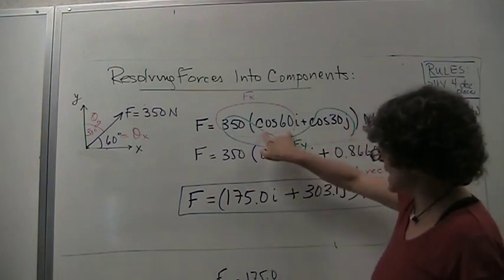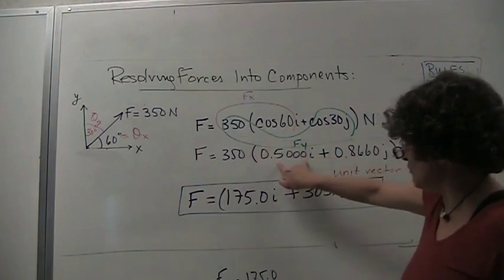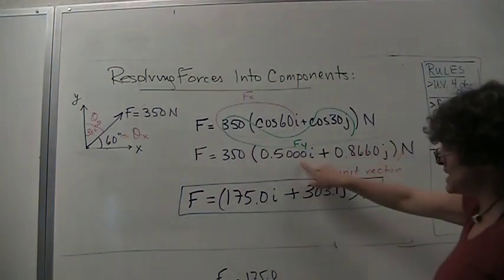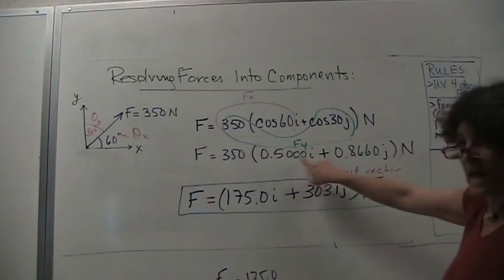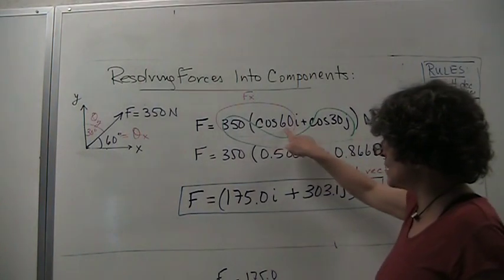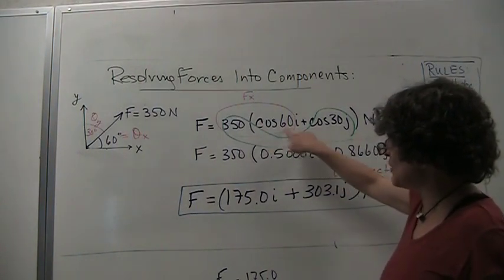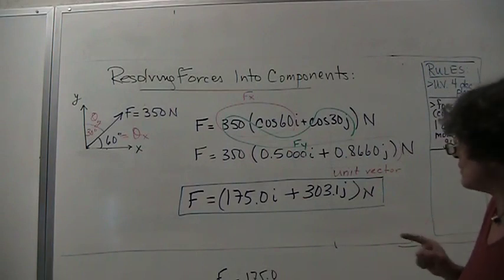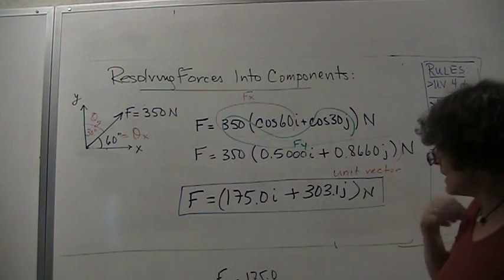So then I carried down the cosine of 60, which is 0.5, carried out to 4 decimal places because unit vectors in statics and engineering are always in 4 decimal places. It's never left as the cosine of an angle, never left as the sine of an angle, and never left as a fraction. I know in math you leave things as fractions. You might say, well, it's not so exact, Joanne.